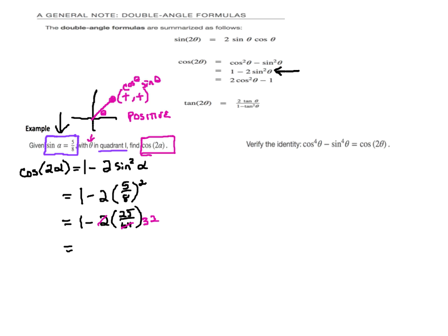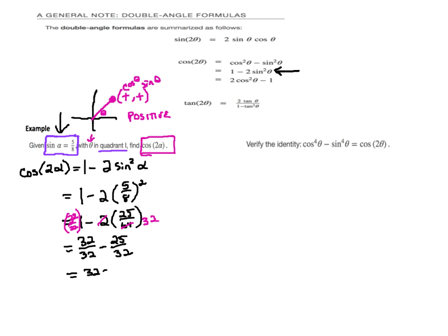And I can create a common denominator between my terms by multiplying 1 in the form of 32 over 32 with that 1 at the beginning as that first term. So what I have now is 32 over 32 minus 25 over 32.